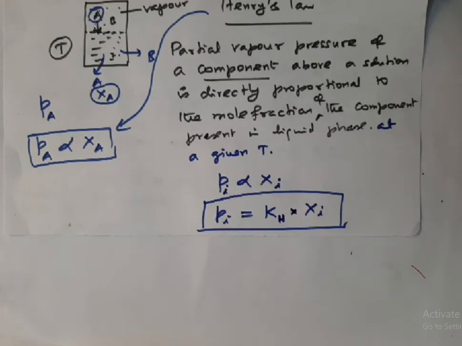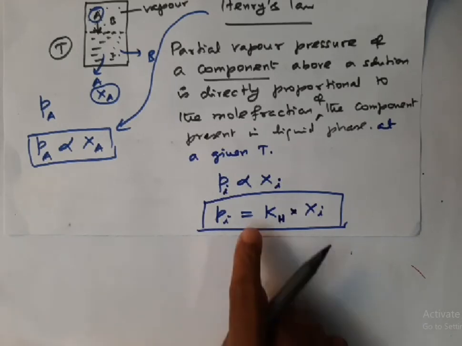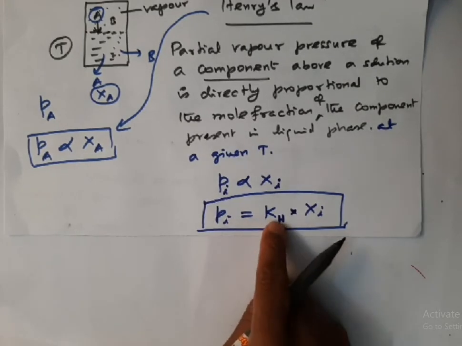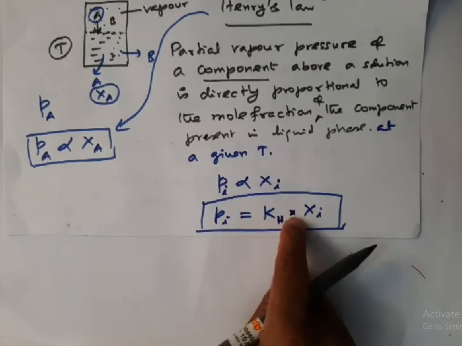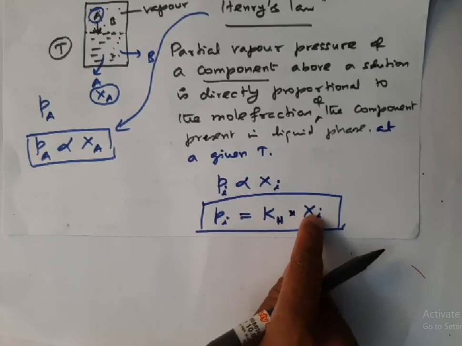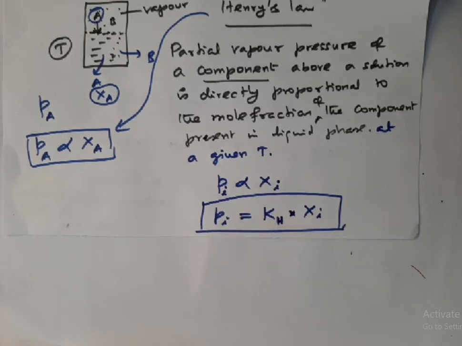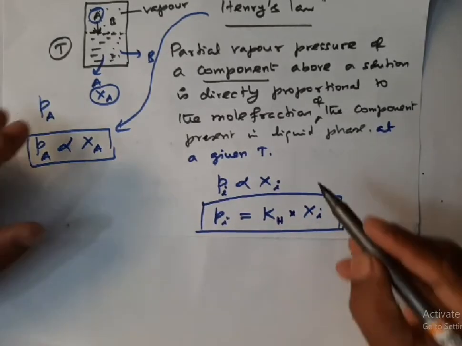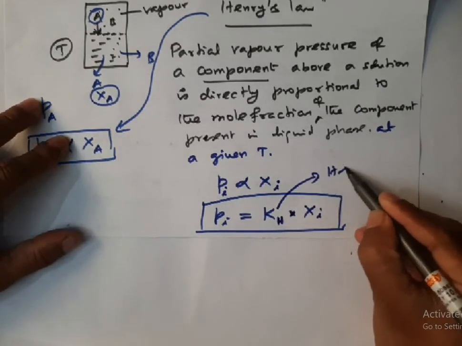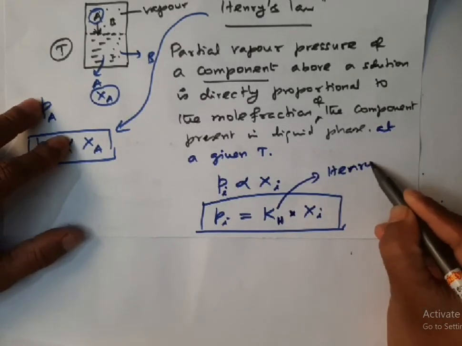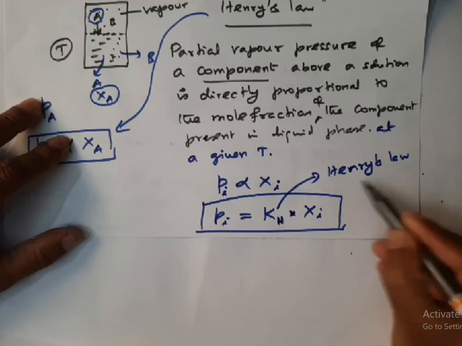What is Pi? Pi is the partial pressure of the ith component present above the solution, which is equal to Henry's law constant into the mole fraction of that component in the solution. This is called Henry's law constant or Henry's constant.